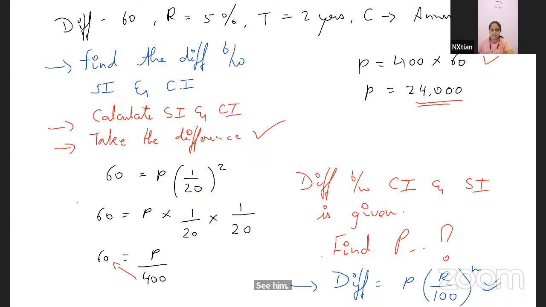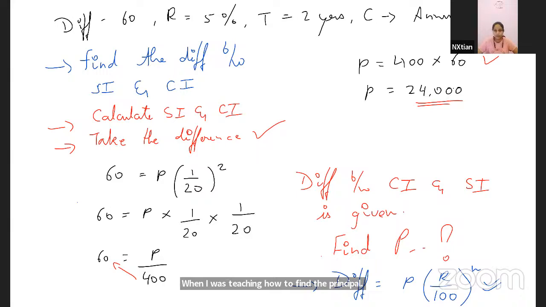Ma'am, in the class, you only said that this is the formula for difference. You never said that you should only use the formula to find P. I also never heard it, ma'am. I must have said that the formula is to find P because when I was teaching how to find P. All right, so I'll make it clear now, because that formula I only taught you when I was teaching how to find the principal, where difference was given.